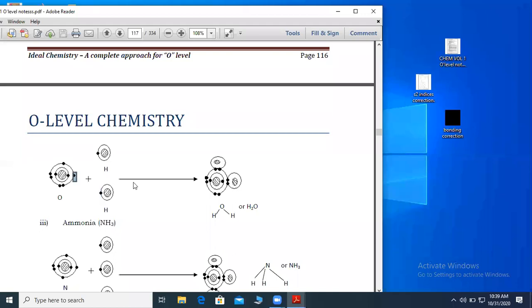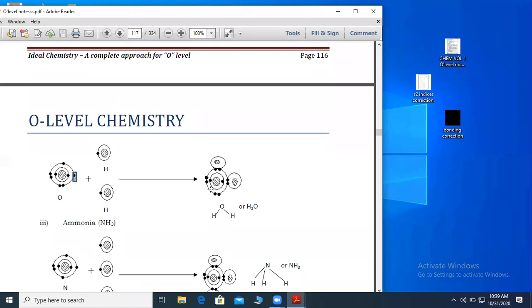So each atom contributes 1 electron to the formation of the bond, such that when you count the number of electrons in the outermost shell again, oxygen is going to have 8. Try to count them and see.